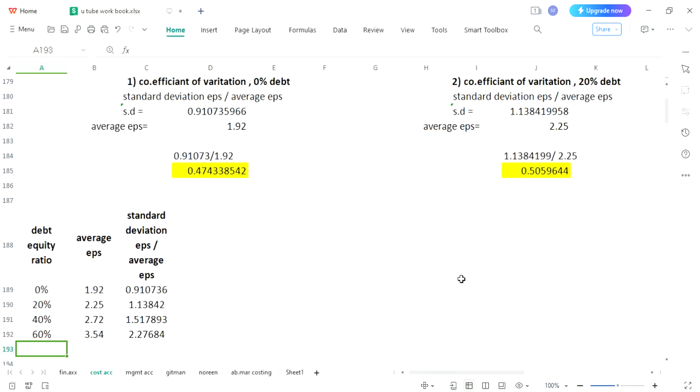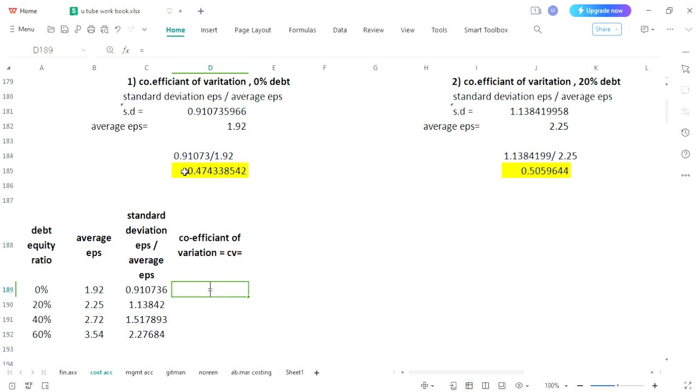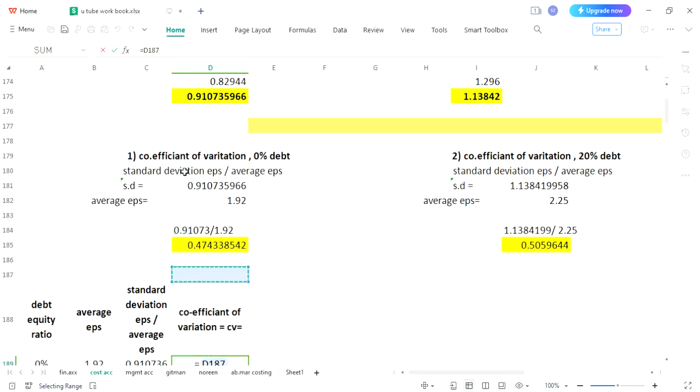So our three columns have been completed, after which coefficient of variation, that was CV, calculated for each part. This is your coefficient of variation for 0% debt and the answer which you have calculated is 0.47.